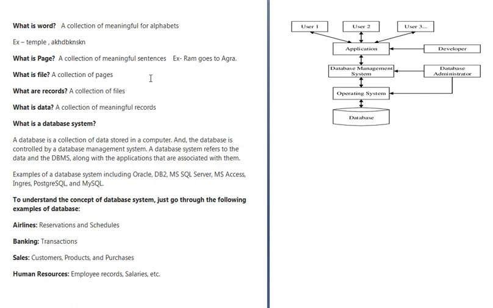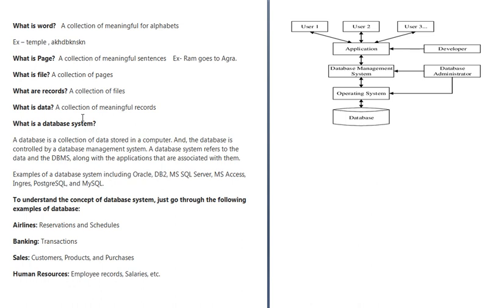And what are records? A collection of files is called records. Now what is data? A collection of meaningful records is called data.